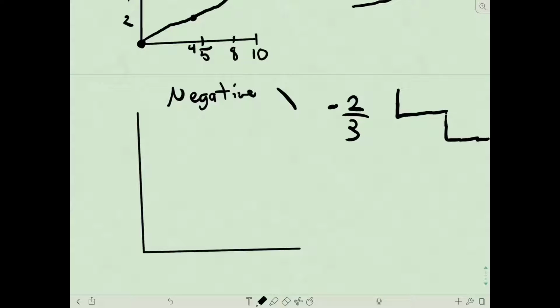So this time let's start up here at 10, 5.